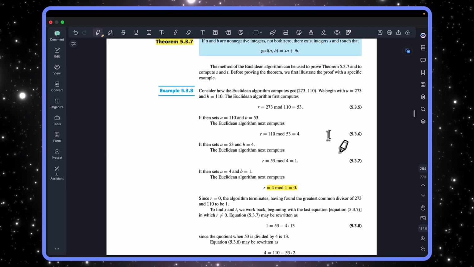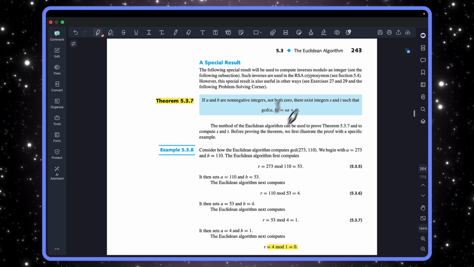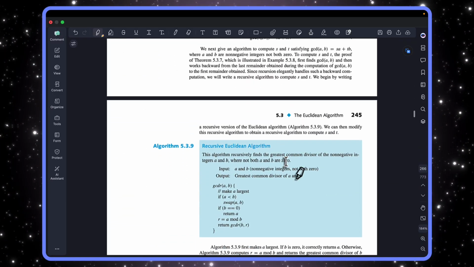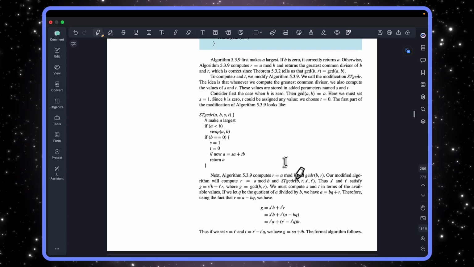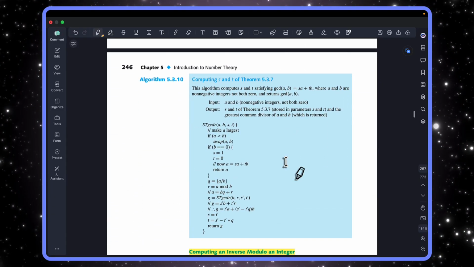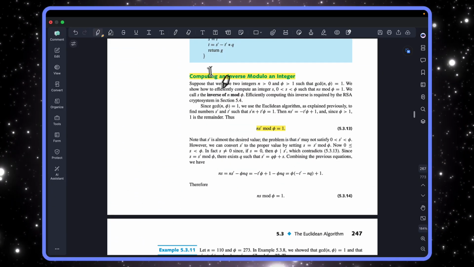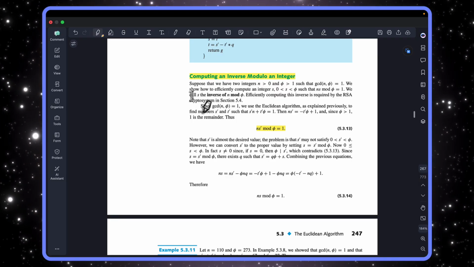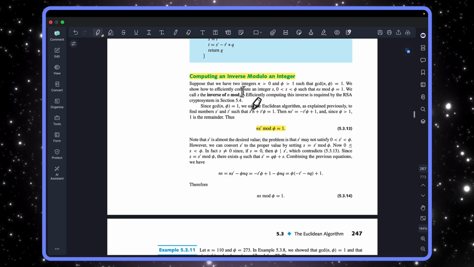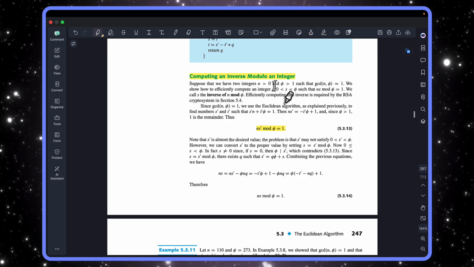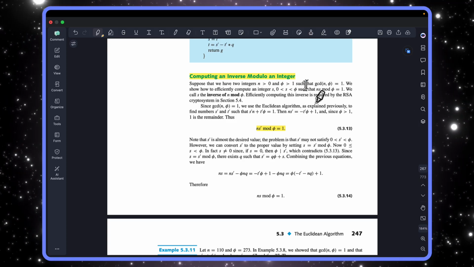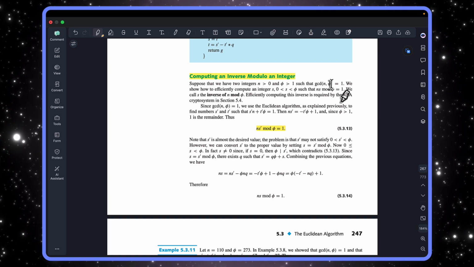I just wanted to show you one more thing. We did this calculation, and I'll show you where it becomes very important: computing an inverse modulo an integer. That's what we're interested in. Suppose that we have two integers, n greater than 0 and phi greater than 1, and that the greatest common divisor of n and phi is 1.